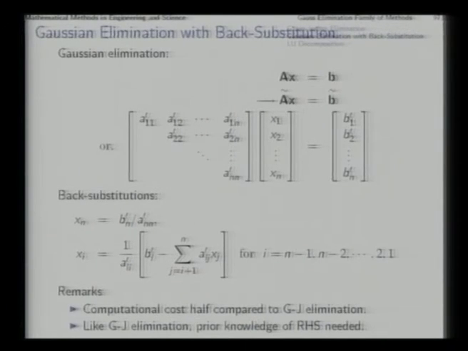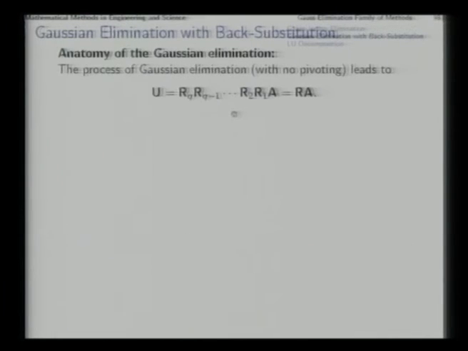What are the steps that were applied in order to reduce this matrix A to A tilde, this upper triangular form? When we explore the anatomy of this Gaussian elimination process, we find that the matrix A was sequentially operated over by a large number of elementary row transformations, equivalent to pre-multiplication with corresponding elementary matrices R1, R2, R3, R4, etc. The result was a matrix U, which is upper triangular.